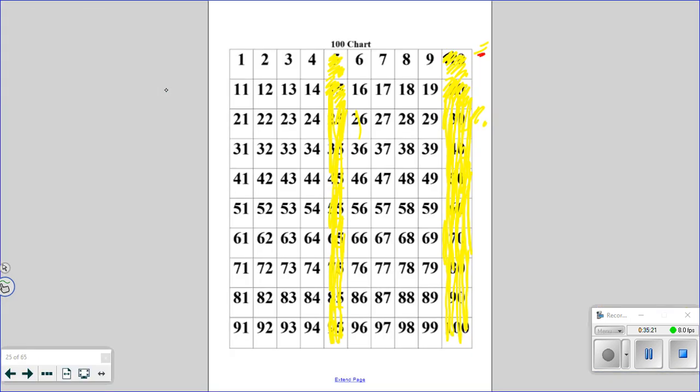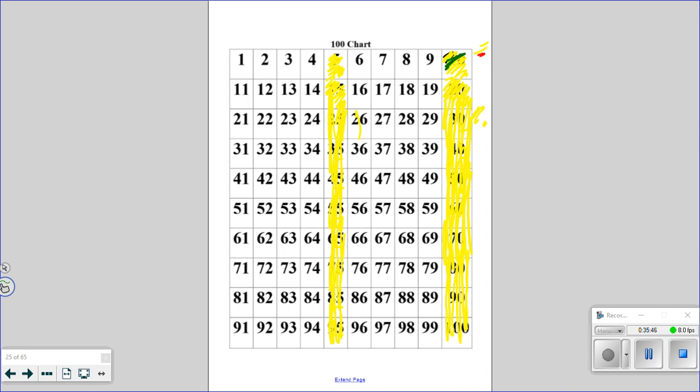If it is my doubles, which is just like 2s and 4s, I should be coloring every other one. When I skip count by 10, am I going to land on 5? No. What's the first number I land on when I skip count by 10?